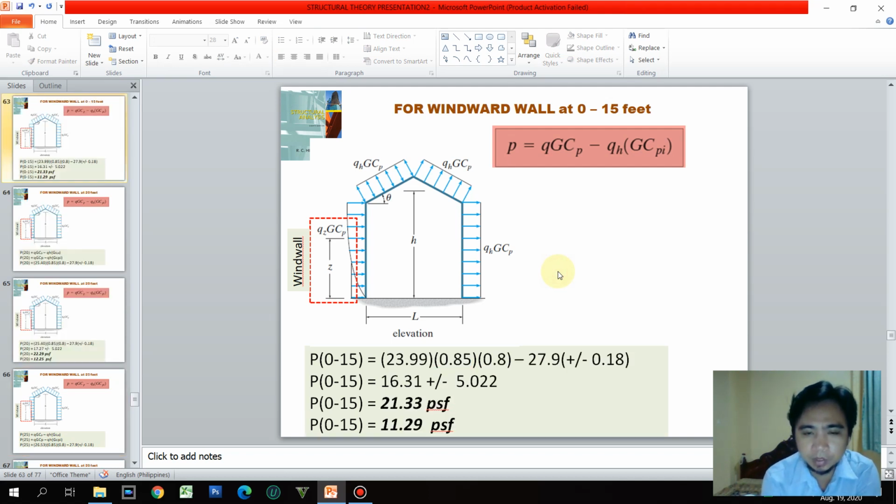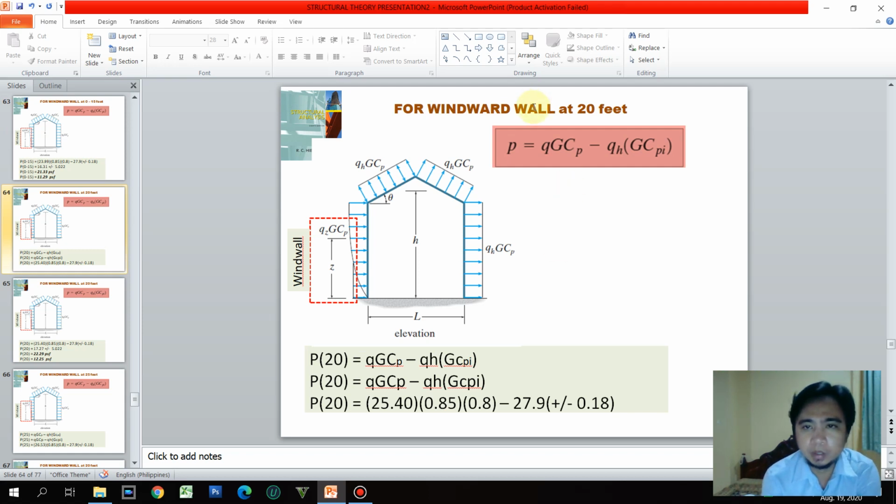Okay, so substituting the values, then we will be having an upper limit of 21.33 PSF and 11.29 PSF for a windward wall at 0 to 15 feet. So this is the upper limit and this is the lower limit. So meaning we will be having two sets of loading here. That is for the windward wall for 0 to 15 feet.